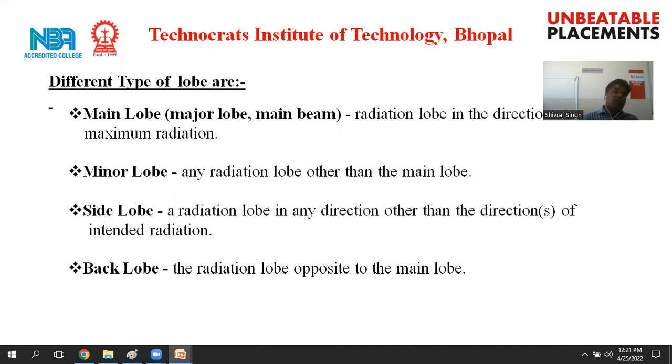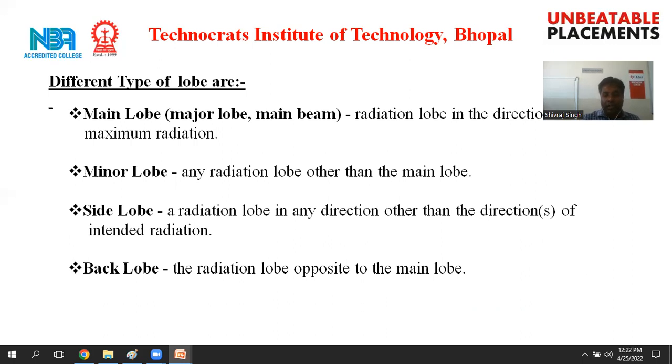Minor lobes are divided into two parts: the side lobe and the back lobe. The side lobe is a radiation lobe in any direction other than the intended radiation. The back lobe is the radiation lobe opposite to the major or main lobe.